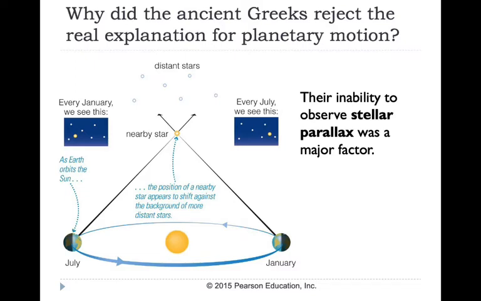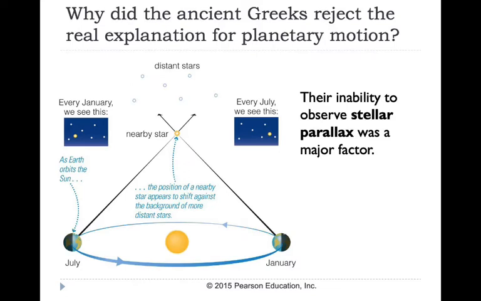And so if you're looking at a star from one vantage point, here it appears to be on the left side. But if we travel half a year later to the other side and we look at the same star, now it's going to appear to be on another side. So the shift of those stars would appear to move back and forth with stellar parallax.